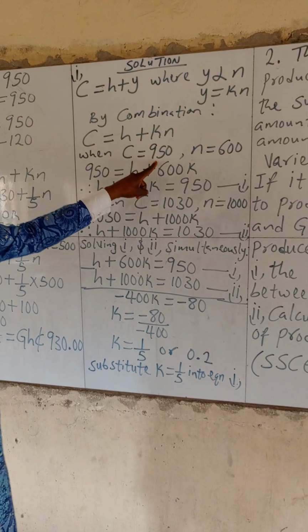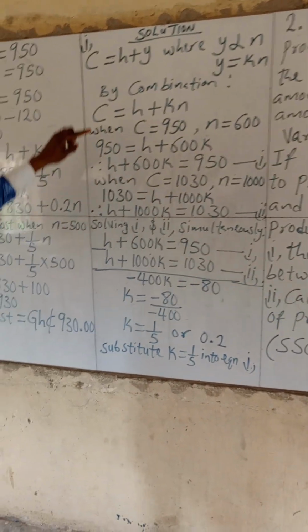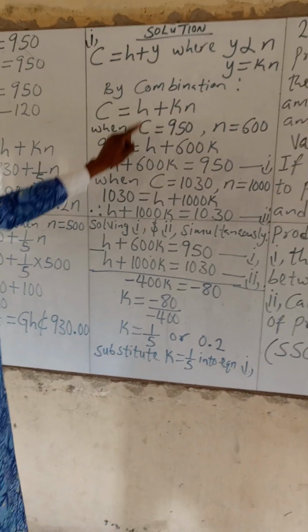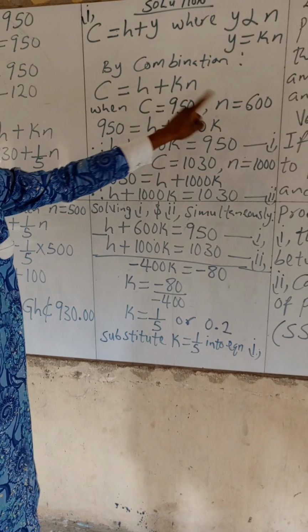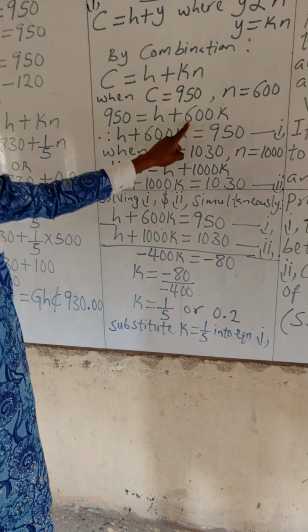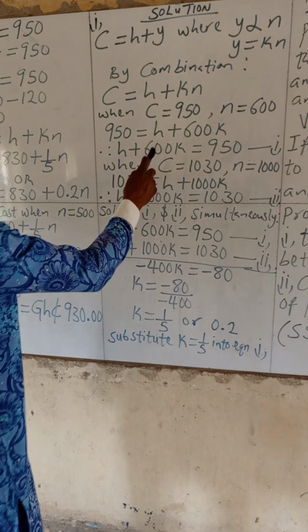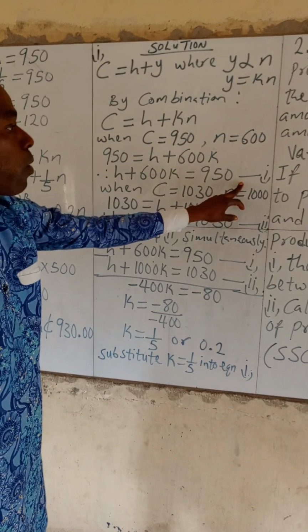So just put 950, while the number of blocks is 600. So if we substitute it here, where we have C, we put 950. Then H, remember, is a constant, plus K is a constant. Then the number of blocks is 600. So 600 times K gives us 600K. So we now have H plus 600K equals 950, giving us equation 1.